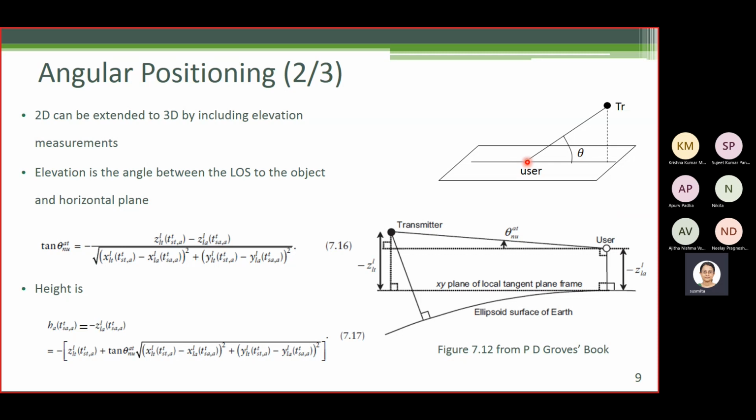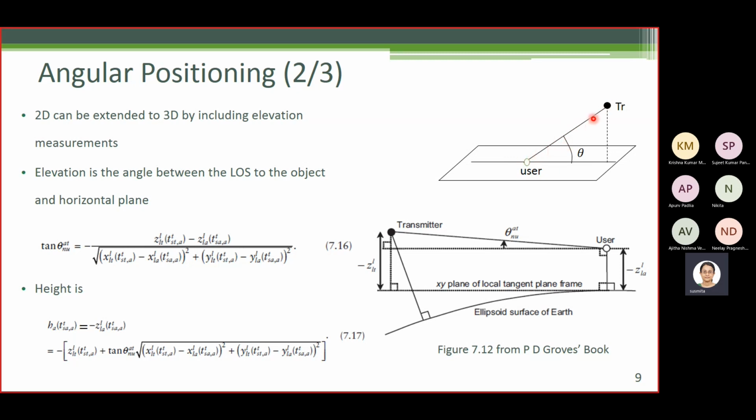Then what we do is draw a plane tangential to the Earth's surface, but passing through the user. Wherever the user is located, at that point we draw this plane, but make it tangential to the Earth's surface. Then we also draw the line of sight to the transmitter by connecting the transmitter and the user with a straight line.